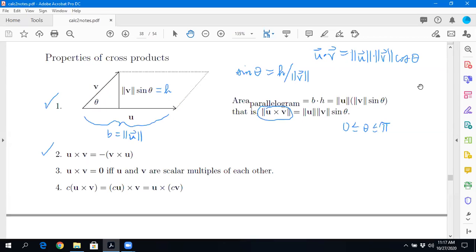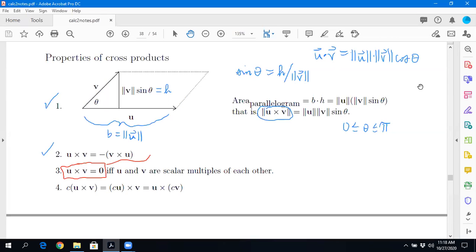Okay, U cross V equals 0. U cross V equal to 0, huh? What would that mean? Think about it for a second, geometrically. If U cross V is the 0 vector, what would that mean geometrically in terms of the area of the parallelogram?